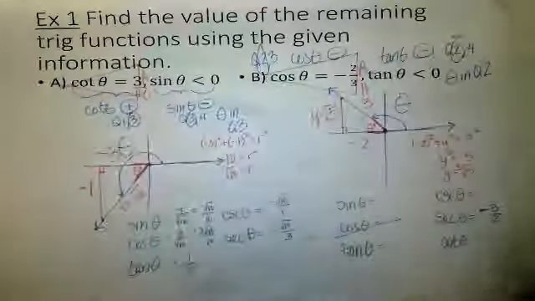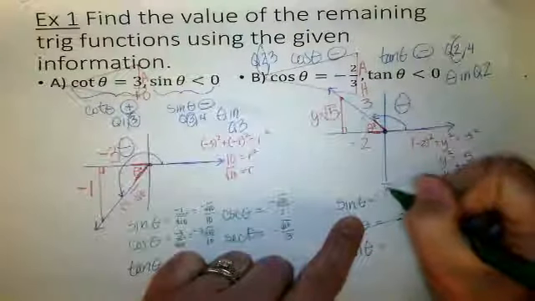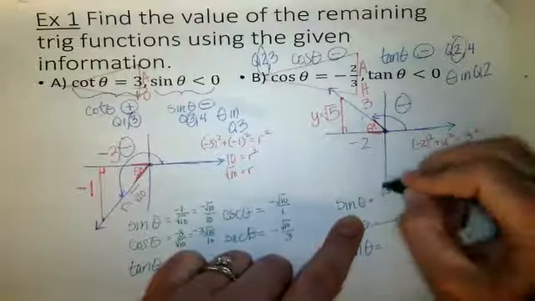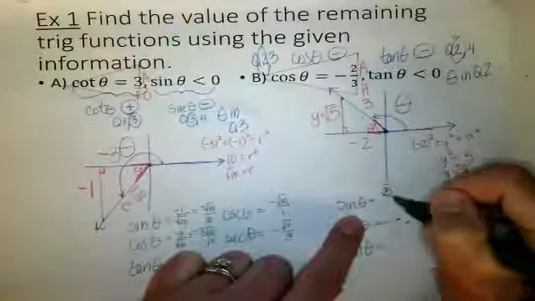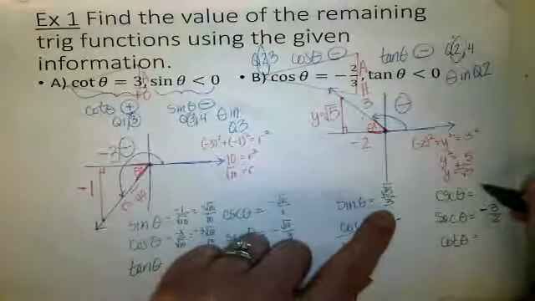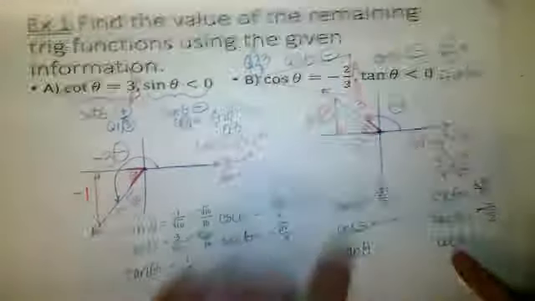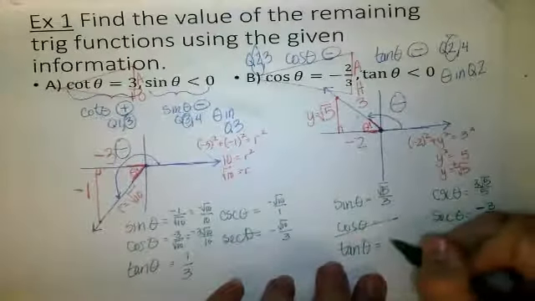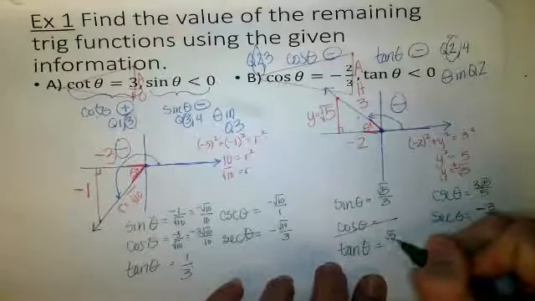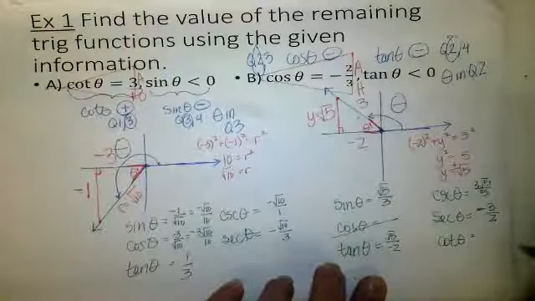Flip it. All right, so sine according to my angle would be opposite over hypotenuse, so radical 5 over 3. Cosecant, I'd flip that, it'd be 3 radical 5 over 5 once you rationalize. Tangent, opposite over adjacent, radical 5 over negative 2, or negative radical 5 over 2.